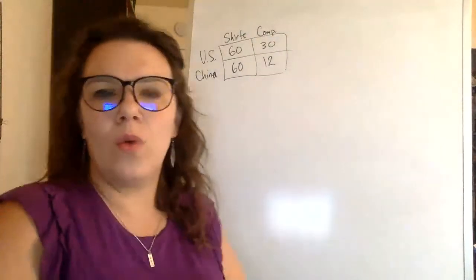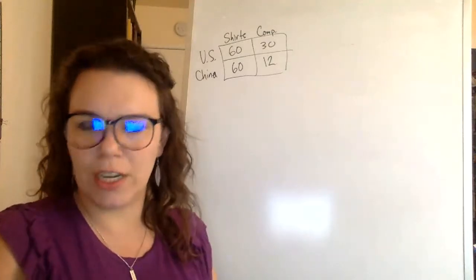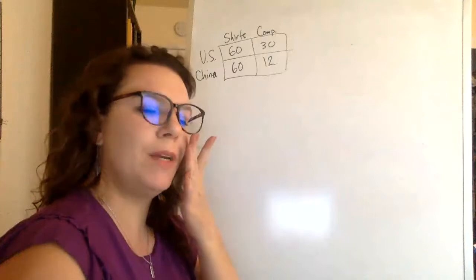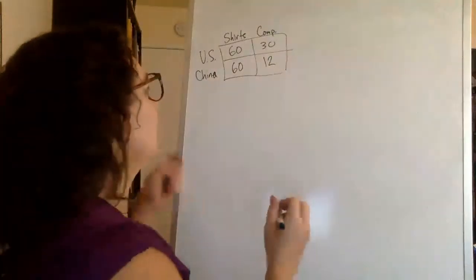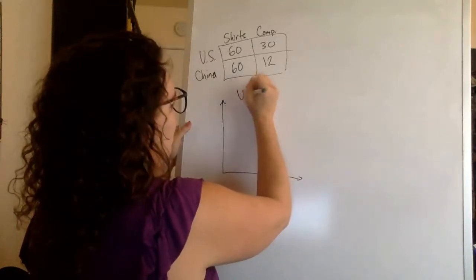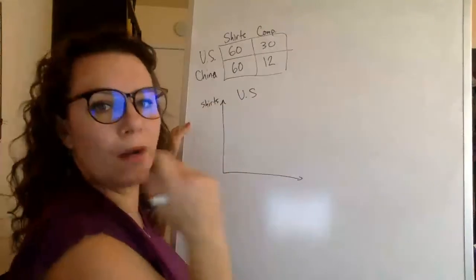Right? There are 1 million workers in each country, so graph the production possibilities frontier for China and the US. This is pretty straightforward. I think a lot of people got stuck on this because they started to overthink it. So let's just look at what that means. Okay, so the US can either produce shirts or computers.